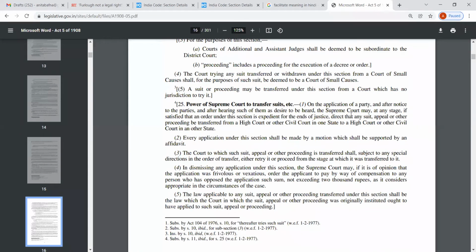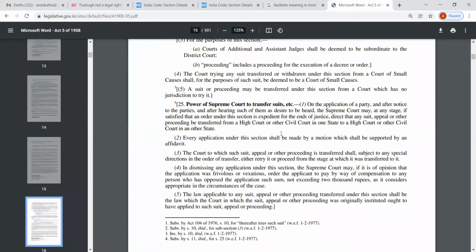See, understand the difference. Suppose there is a matter pending before any of the High Courts, or suppose there is a matter pending before the Bombay Family Court or in the Bombay High Court, and you want to get it transferred.